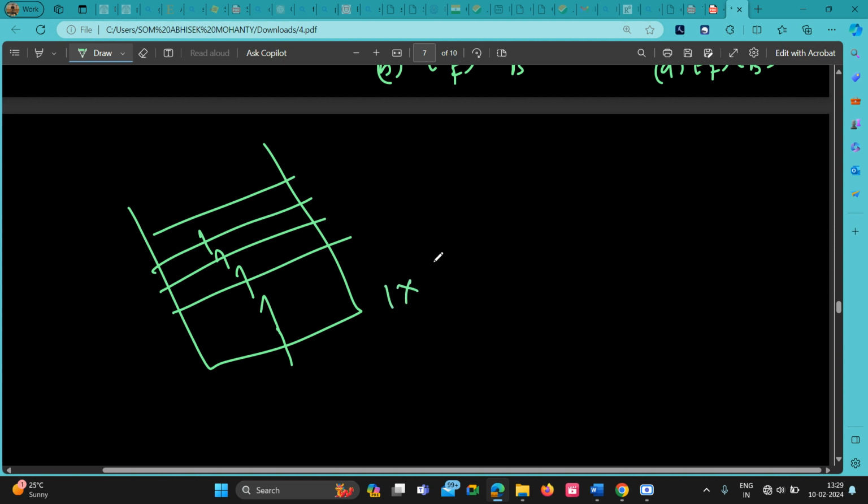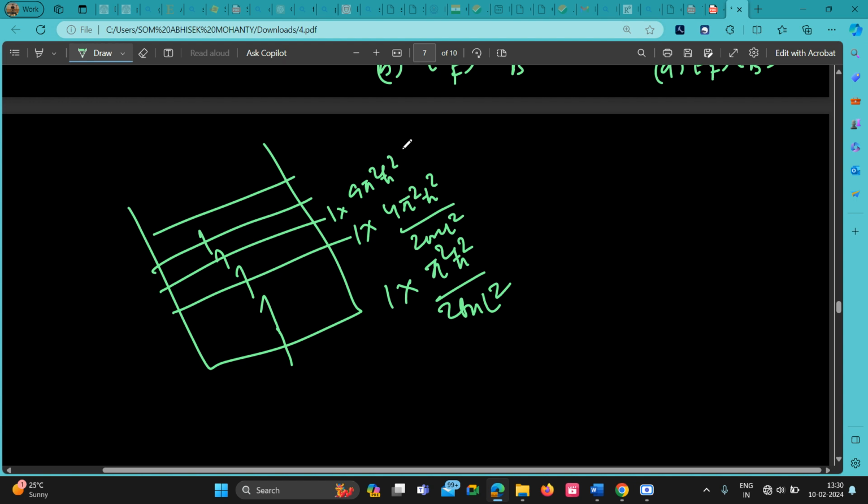This is a one-dimensional box, so the energies will be 1 into pi square h cut square by 2mL square, 1 into 4 pi square h cut square by 2mL square, 1 into 9 pi square h cut square by 2mL square, and 1 into 16 pi square h cut square by 2mL square.